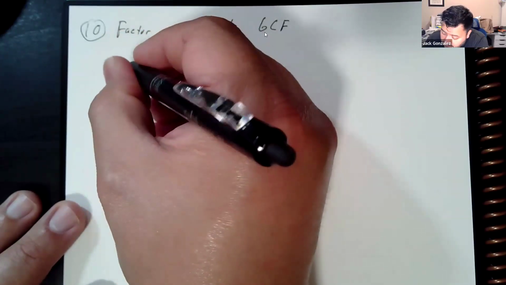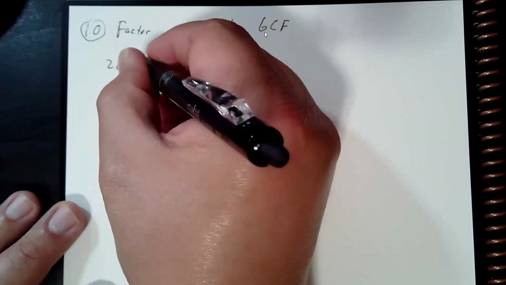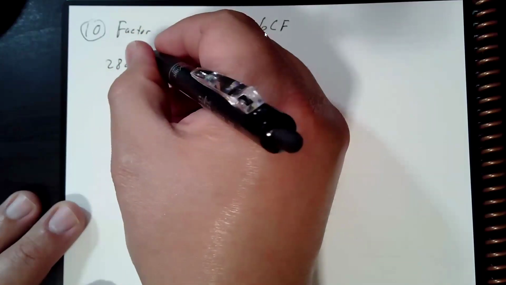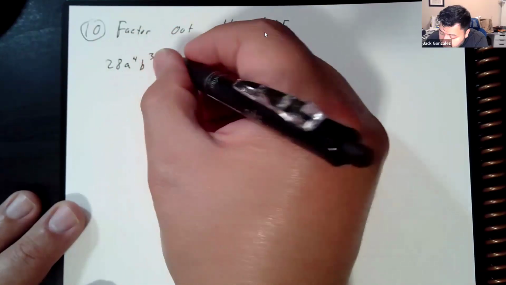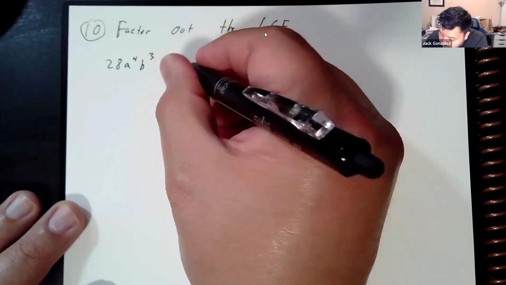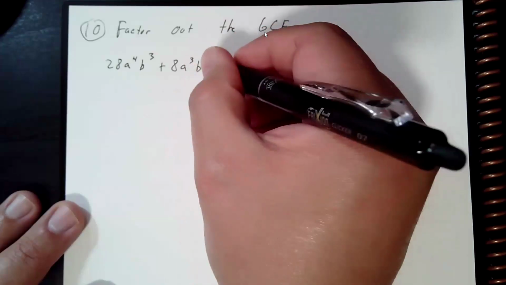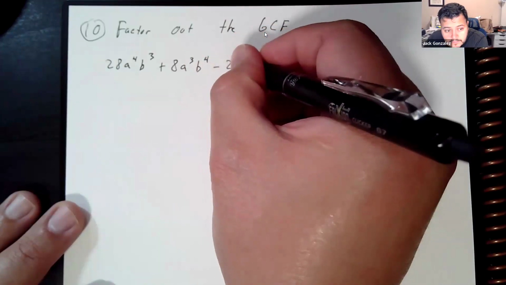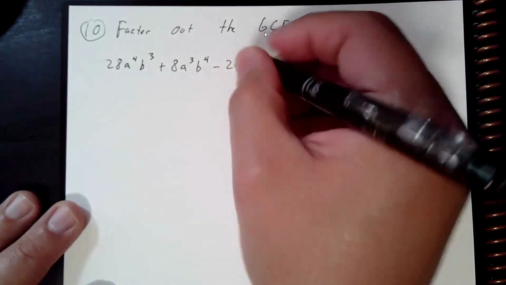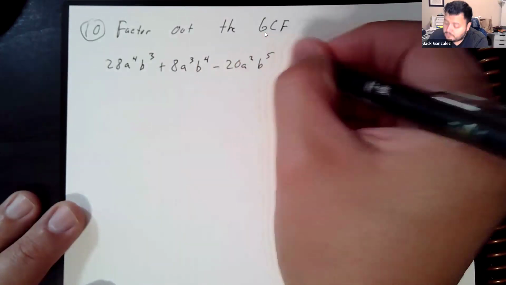28a to the fourth b cubed plus 8a cubed b to the fourth minus 20a squared b to the fifth. So there's three terms.